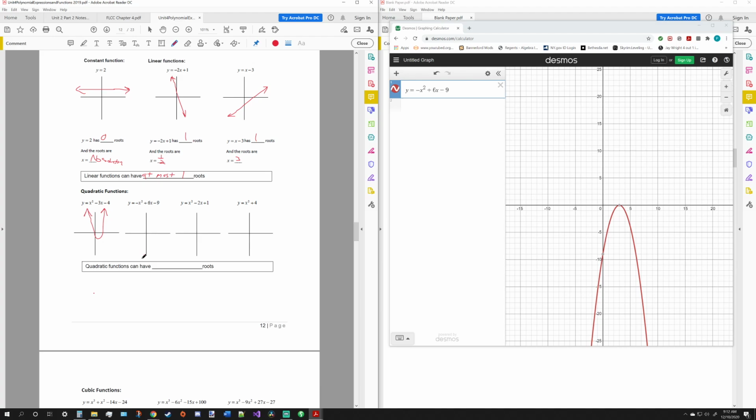So maybe something like that. And checking the rest of these. So again, this one looks like one x-intercept, y-intercept here at 1, and it's opening upward.